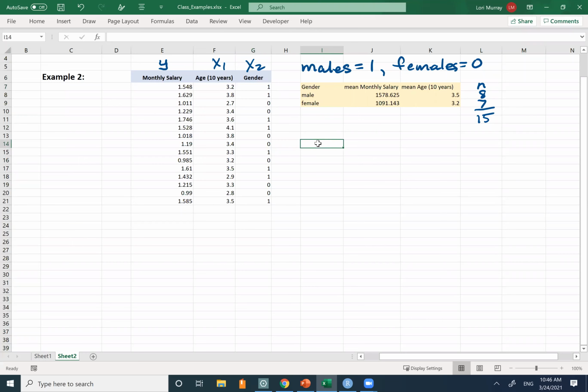Let's do exactly what we just did. When you have categorical variables, you can enter them into the regression model by simply assigning a number. Let's say instead of males and females, your data was temperatures, with high, medium, and low categories.